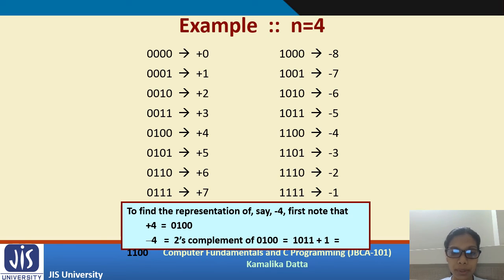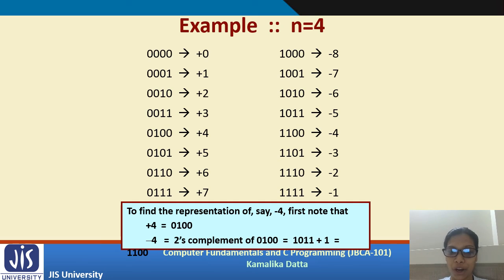So 2's complement of 0, 1, 0, 0 is 1, 0, 1, 1 plus 1, right? Which is 1, 1, 0, 0, which is minus 4. So this is how. First we need to do 1's complement, then we add 1 to it, and then we get the 2's complement of the number. Okay, this is how it works.